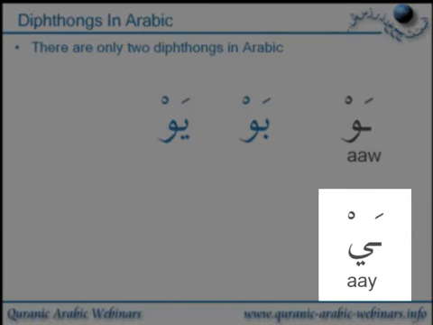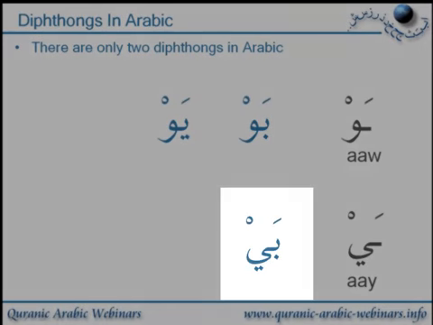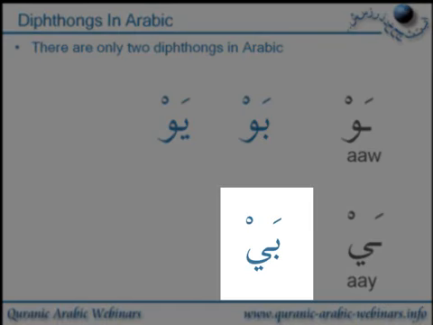Next one, the second combination that gives you a diphthong in Arabic, is any letter with fatha followed by the ya with sukoon, so ya sakin, and this will give the sound of ay. Small example again, the letter ba with fatha followed by ya with sukoon gives the sound of bay.